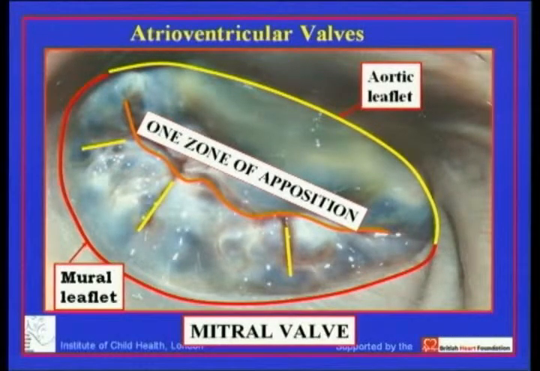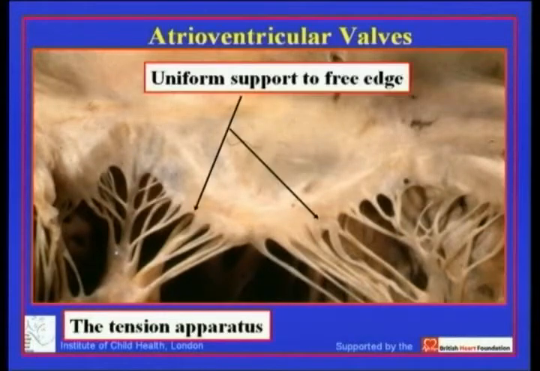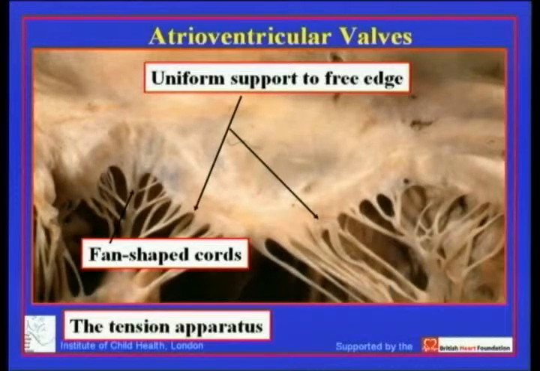Note that there are multiple slits in the mural leaflet of the valve, and note also that the zone of apposition does not reach to the annulus. This is the typical situation as you see it with the valve opened, and then you see that the tension apparatus provides uniform support to all of the free edge of both leaflets.